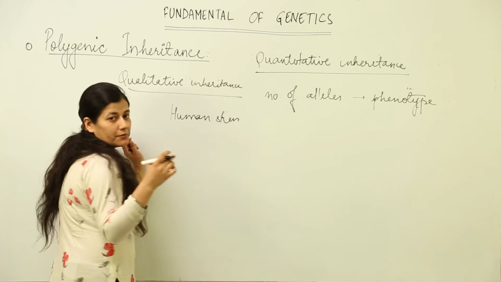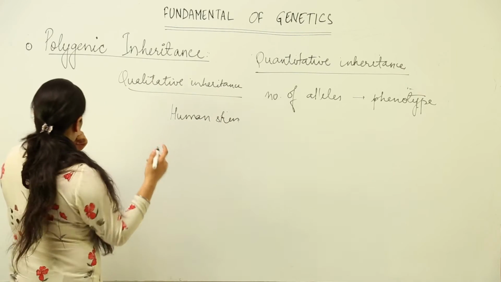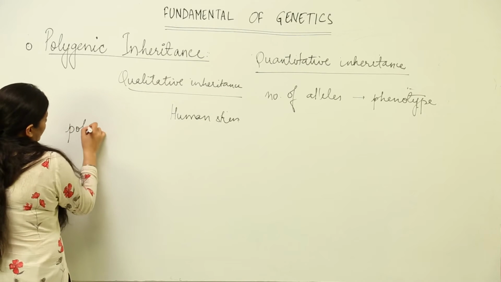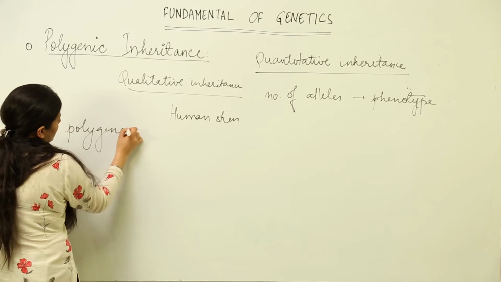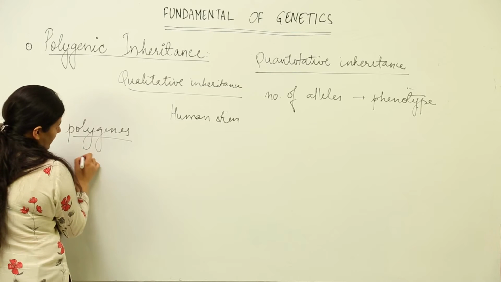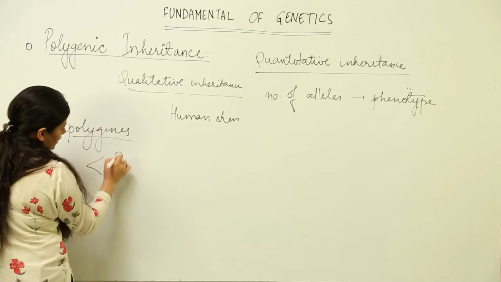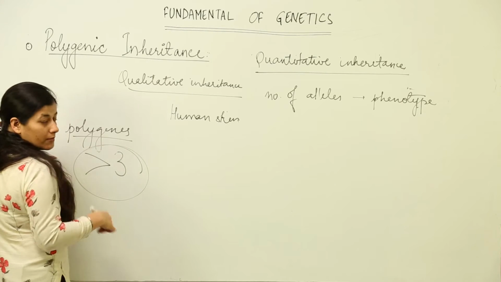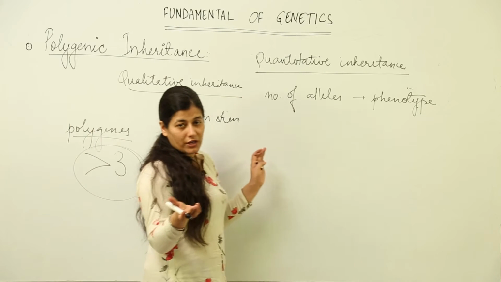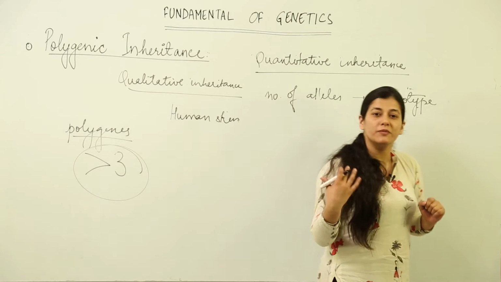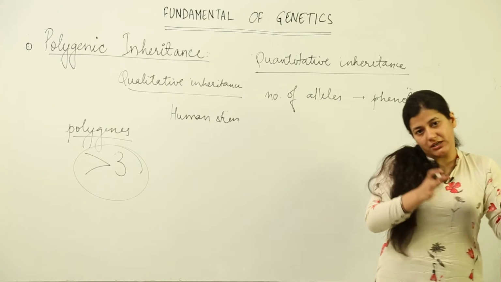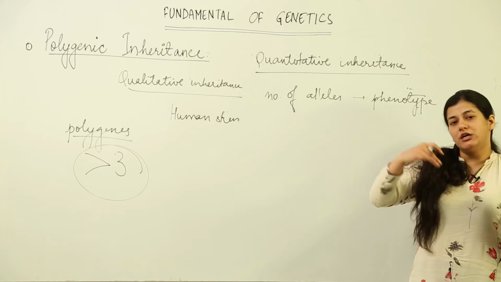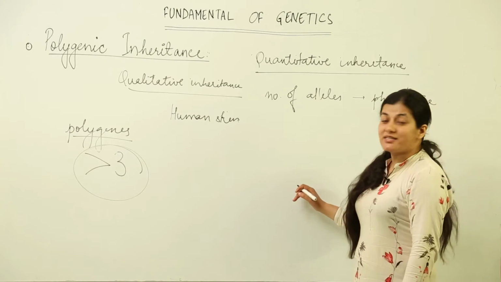One thing you have to keep in mind is that often it is the expression of polygenes, that means more than 3 genes are involved in giving the expression of phenotypes, and the more the number of alleles in a particular direction, the more the phenotype shows its expression.